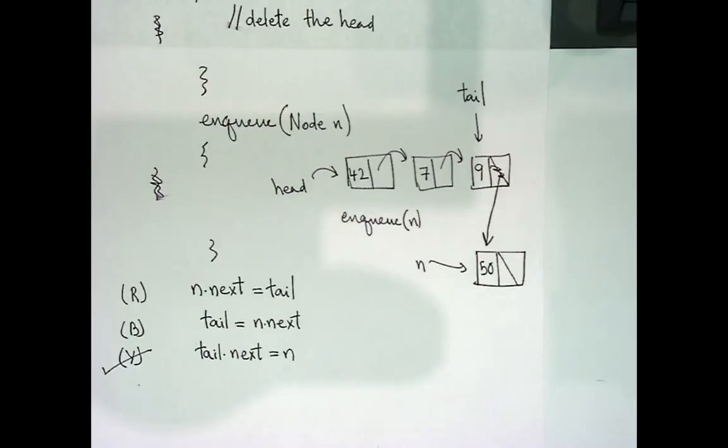Why are we not done? You have to set n equals tail. Almost. You have to set tail equals n.